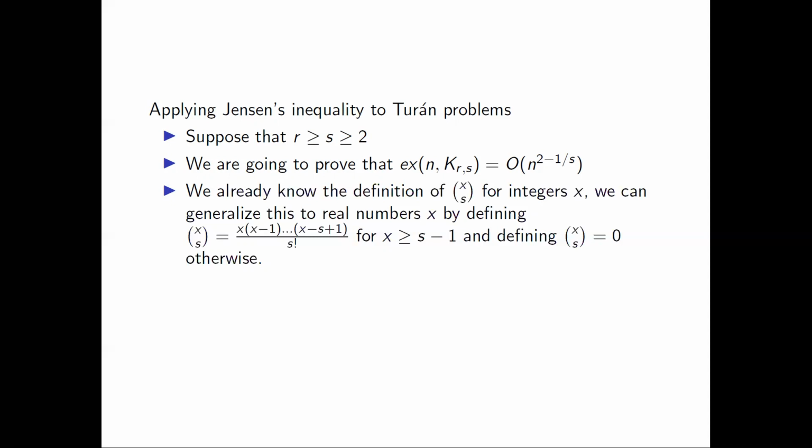We will define x choose s for a real number x and some positive integer s to be equal to the product x times x minus 1 times x minus 2 down to x minus s plus 1, and then divide that by s factorial. And it will equal that as long as x is greater than or equal to s minus 1. Whenever x is less than s minus 1, we will define it to be equal to 0.